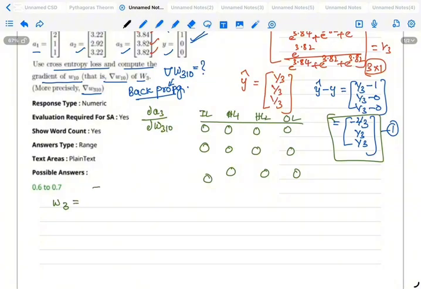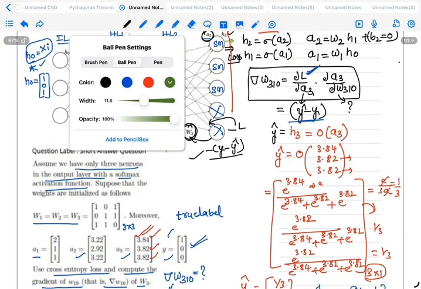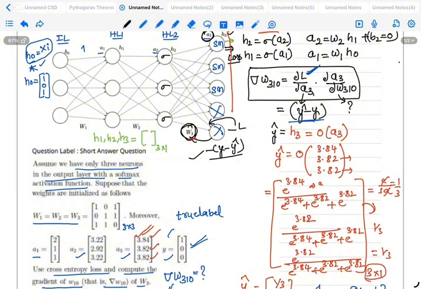The W3 matrix size is 3 cross 3. First we write the output layer; there are 3 neurons, 1, 2, 3. Then how many neurons in the input layer? This layer is output and this layer is input, so 1, 2, 3. That is a 3 cross 3 matrix.